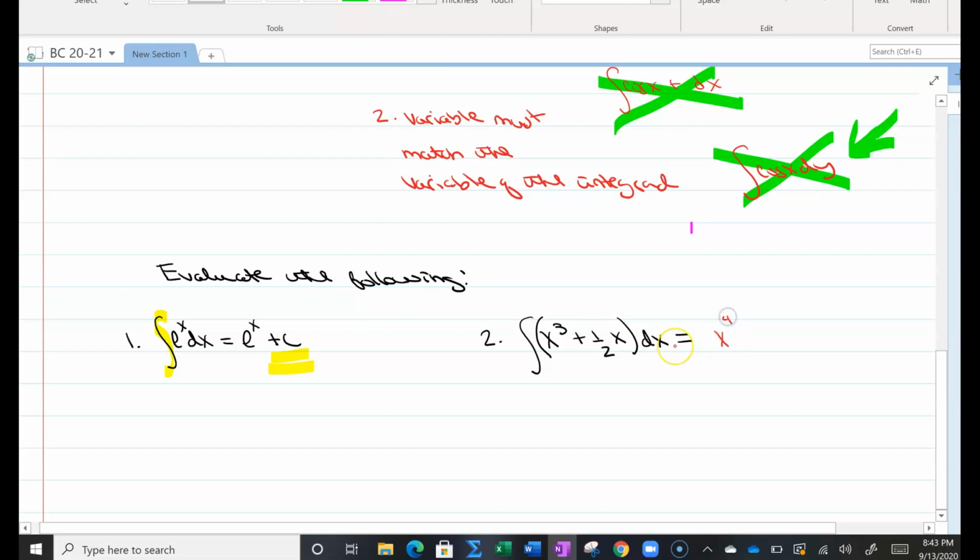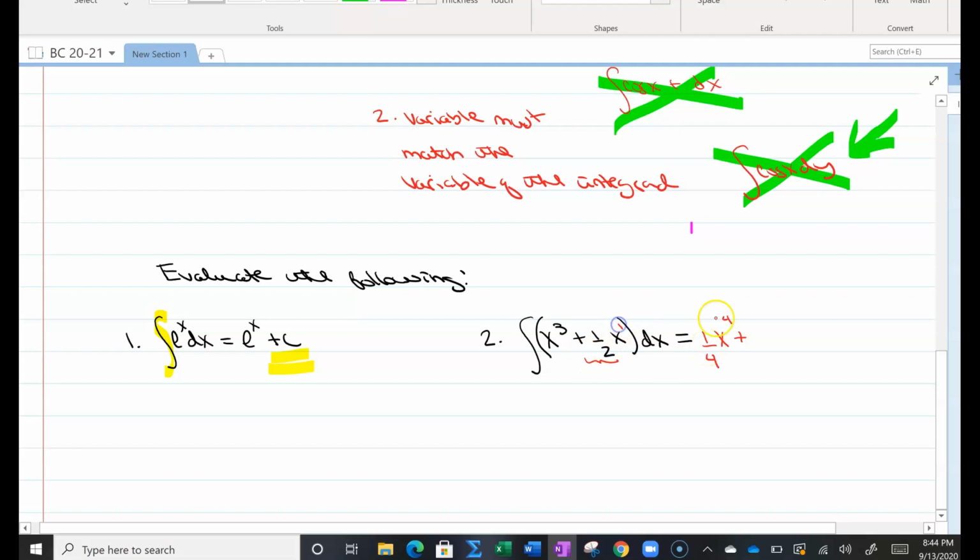If x to the 4th is the antiderivative, when I take the derivative of x to the 4th, I'm going to get 4x cubed. The coefficient here is 1, so I want to make this 1/4 x to the 4th. Everyone okay? Plus, go ahead, try the power rule now in reverse with 1/2 x.